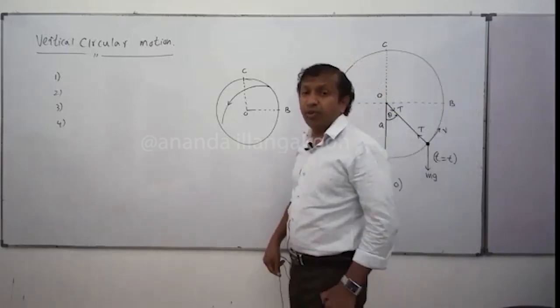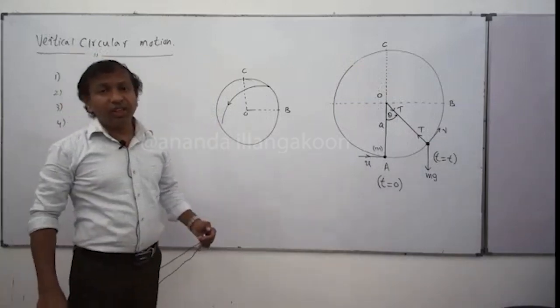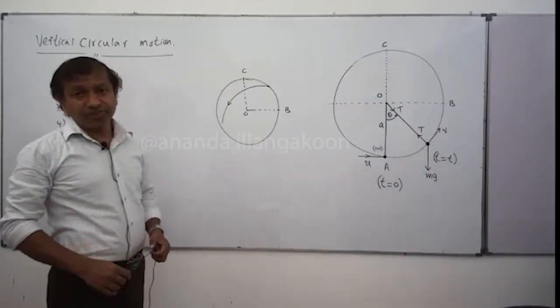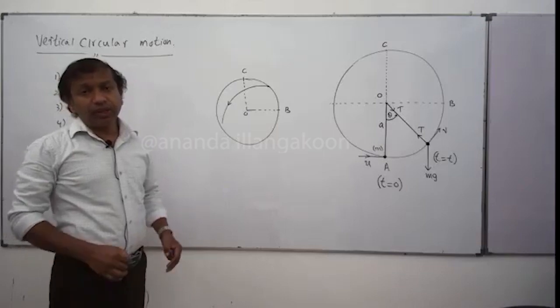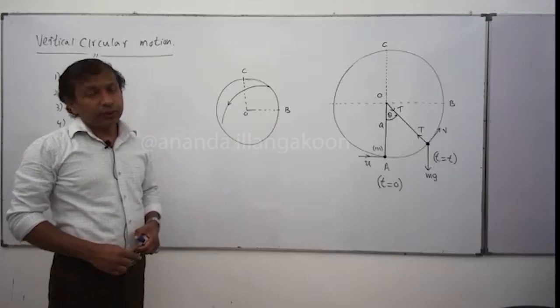That is called the particle just passing the point C and just completing the circle. These are the four possibilities.